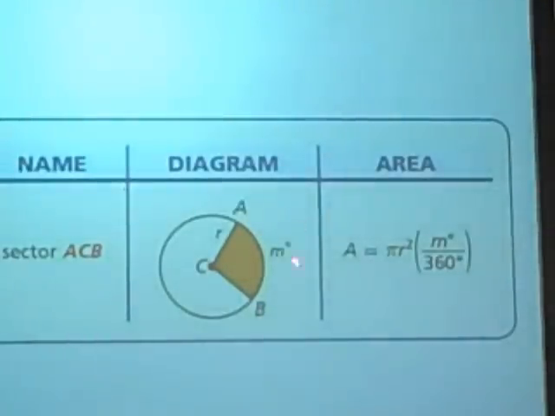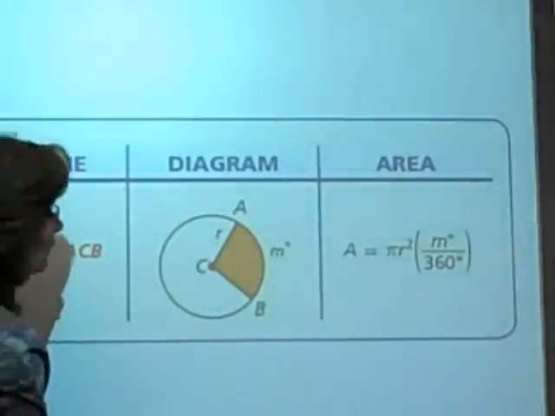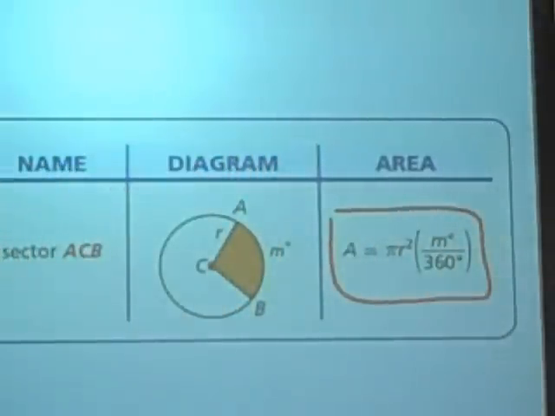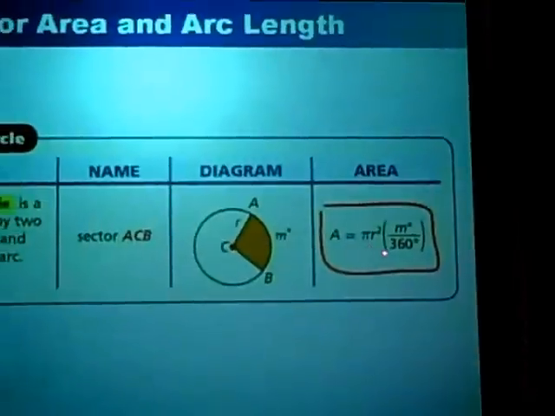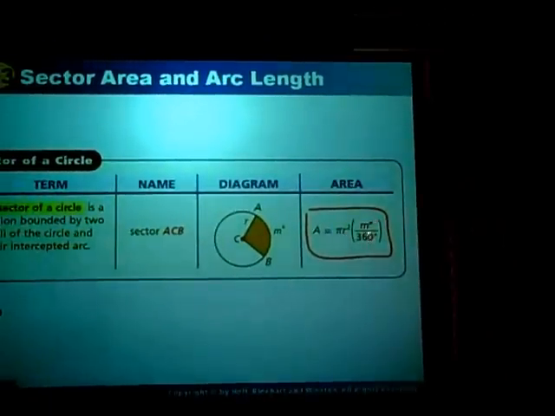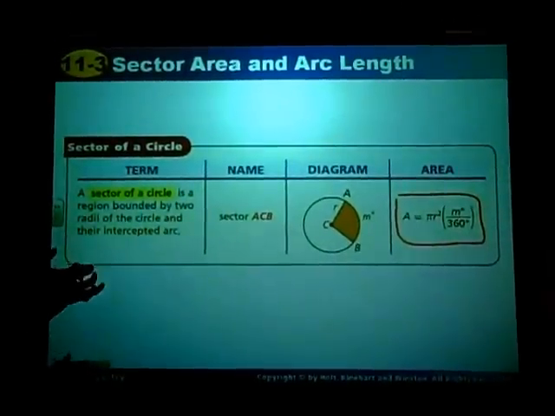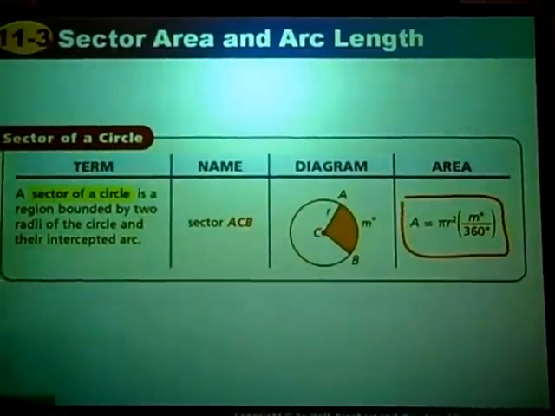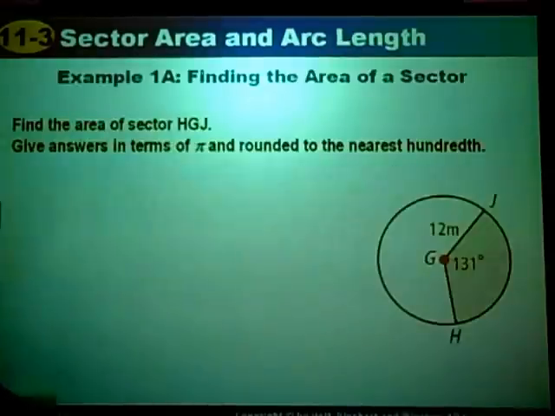So that's your key formula. If you want to find part of a circle, a sector, you find the whole area of the circle multiplied by a fraction: the degree measure out of 360. Make sure that's written down and let's use that.